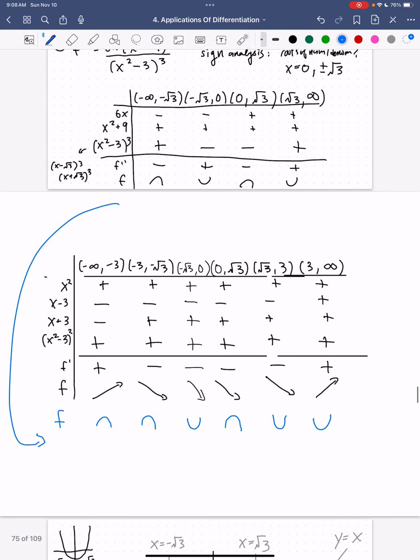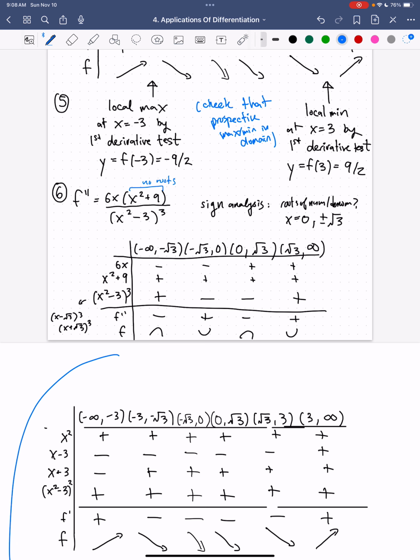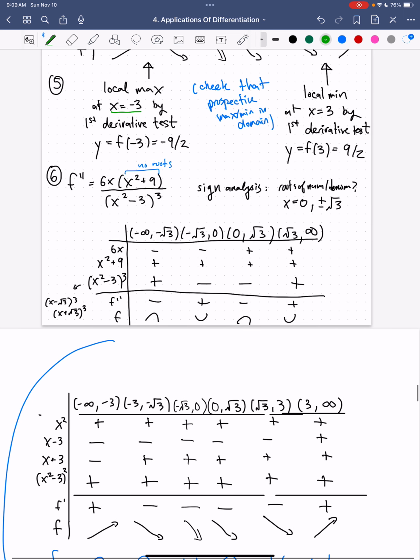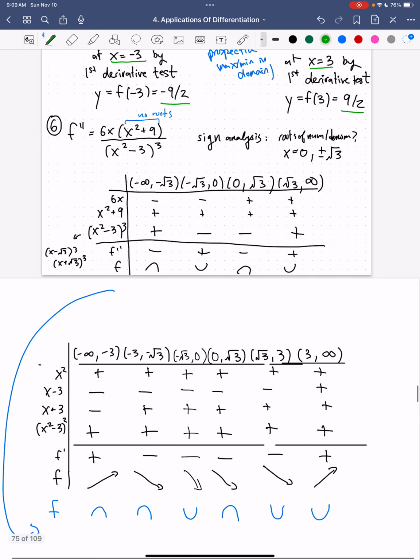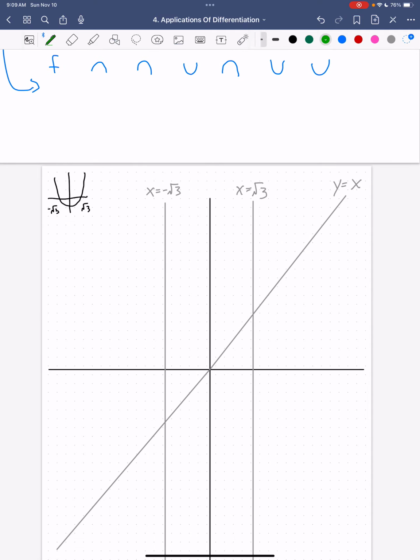We had that local max at x is negative 3, y is negative 9 over 2, and the local min at x is equal to 3, and y is 9 over 2. So let's place those now too. So let's say this is about 3, or actually more like that.